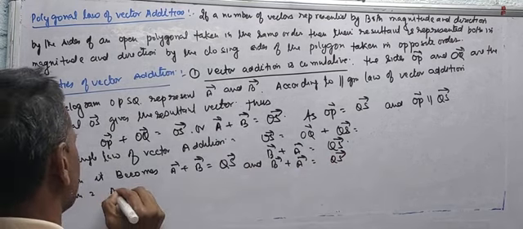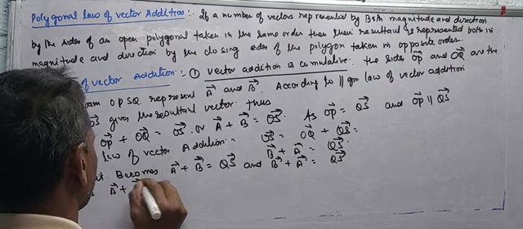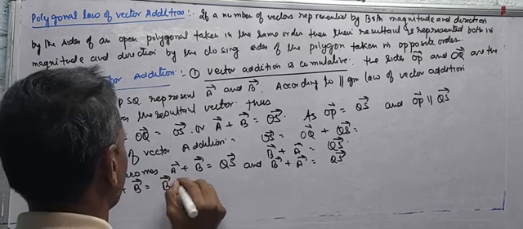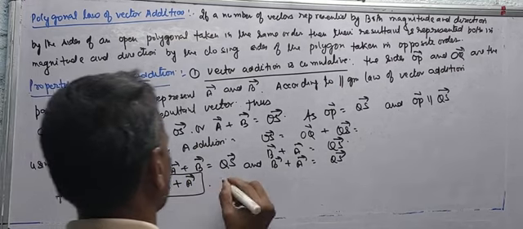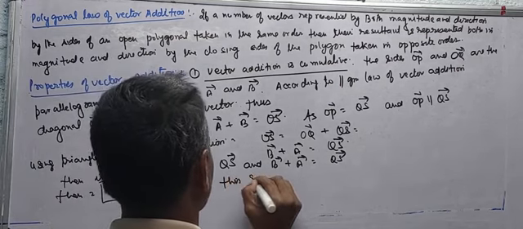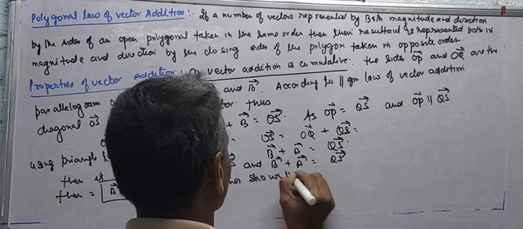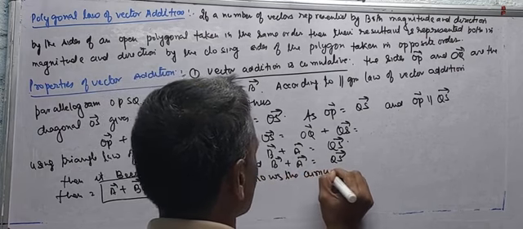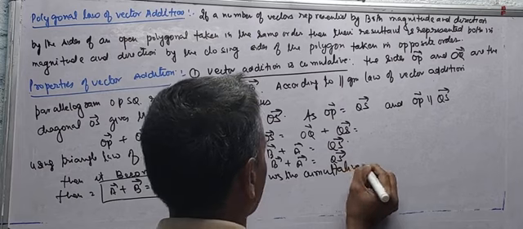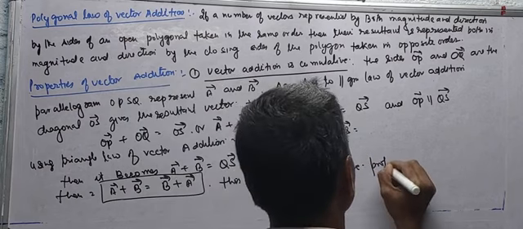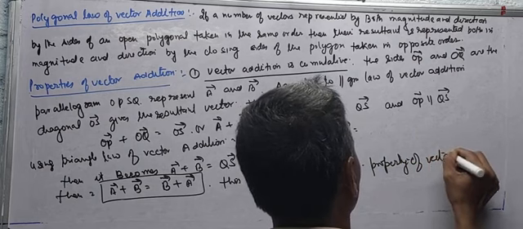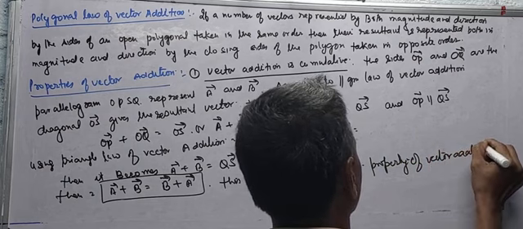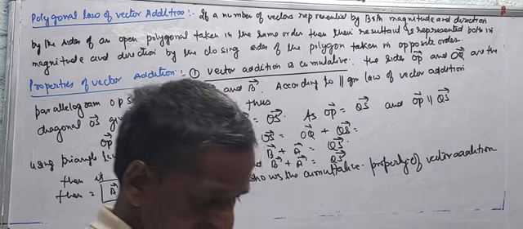Then it becomes A vector plus B vector equal B vector plus A vector. This shows the commutative property of vector addition.